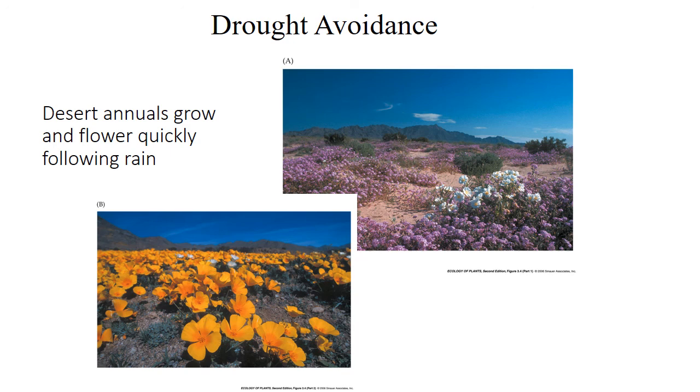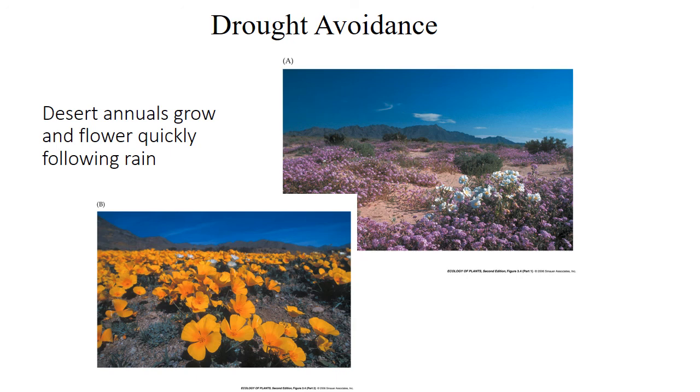So essentially these plants spend most of their time as dormant seeds that can survive long periods of drought. But when there is a period of rainfall, even if it's just a couple of weeks, these plants can quickly germinate, reach reproductive maturity, get pollinated and reproduce, and start to set seeds just in those couple of weeks that occur where water is available after a rainfall event.